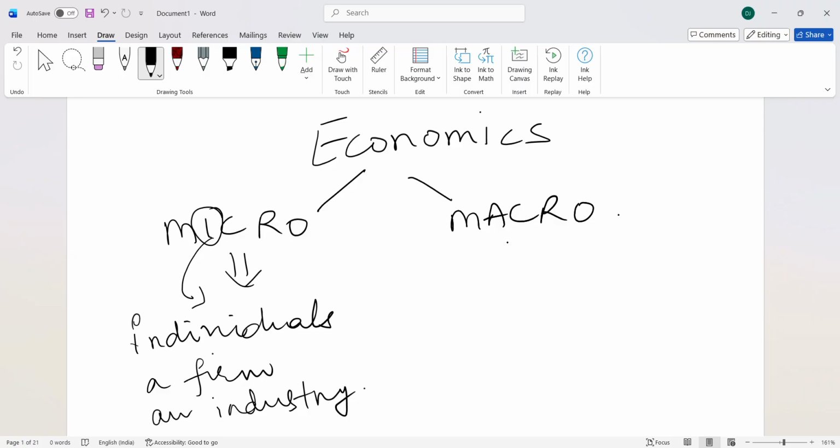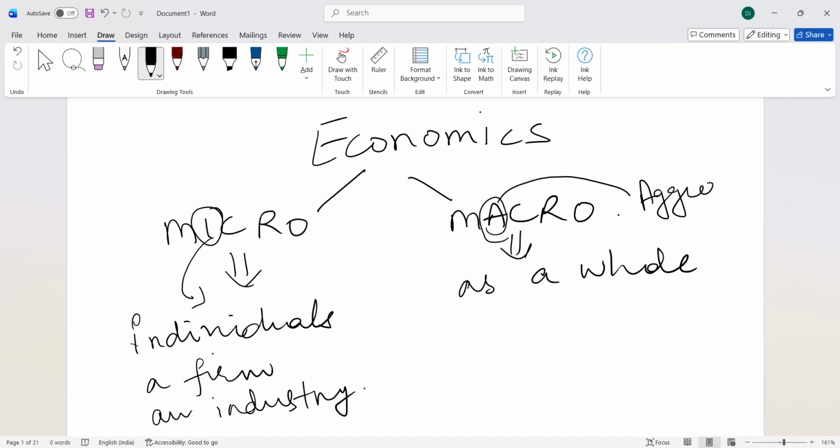However, when we understand the economy as a whole, that is what your macro is. Now, the A here, I make that stand for aggregation. So aggregating, summing up the entire economy.